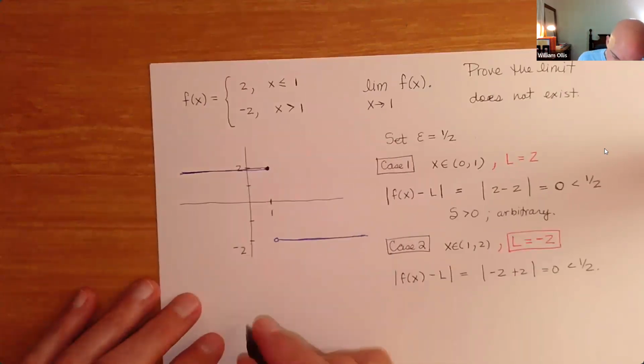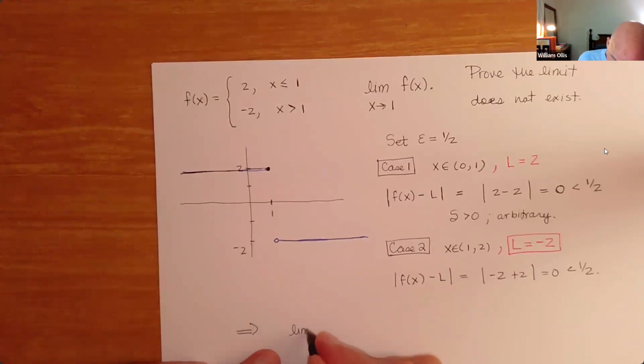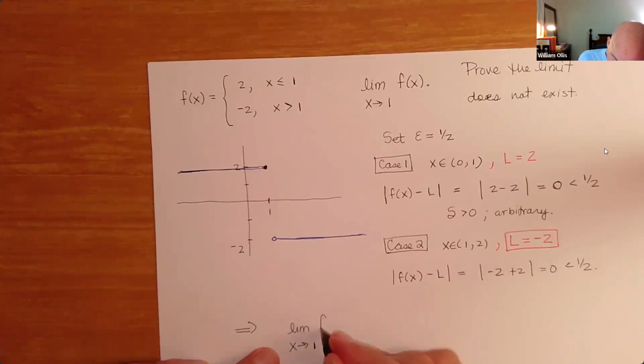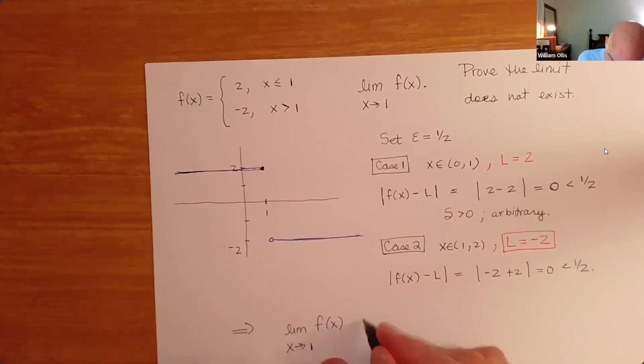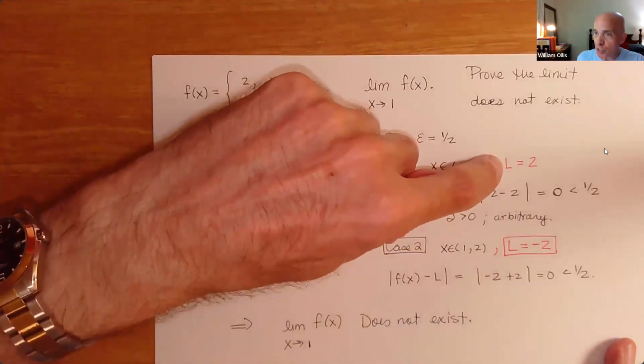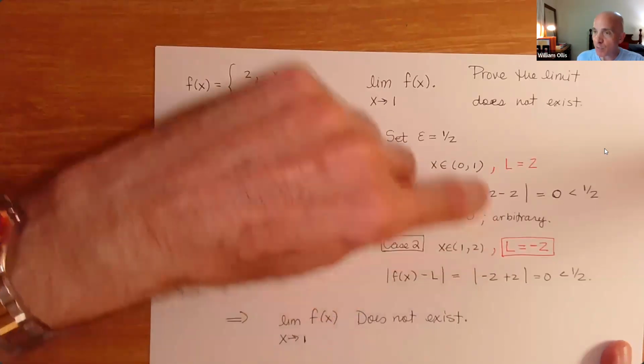So this implies, in this case, the limit as x approaches 1 of f of x does not exist. Because, like I said before, if you assume that 2 is the limit, it doesn't work here, and vice versa.